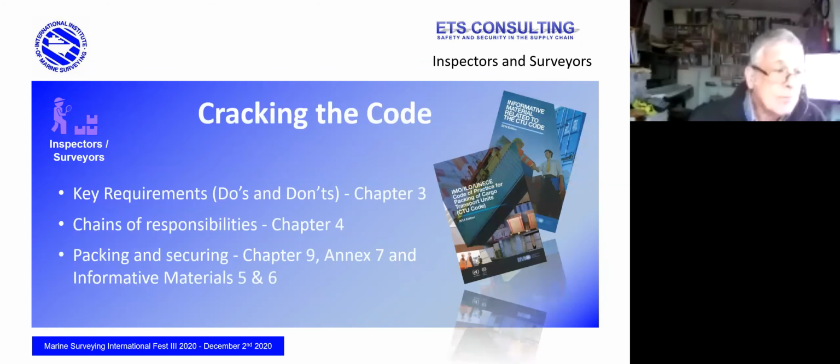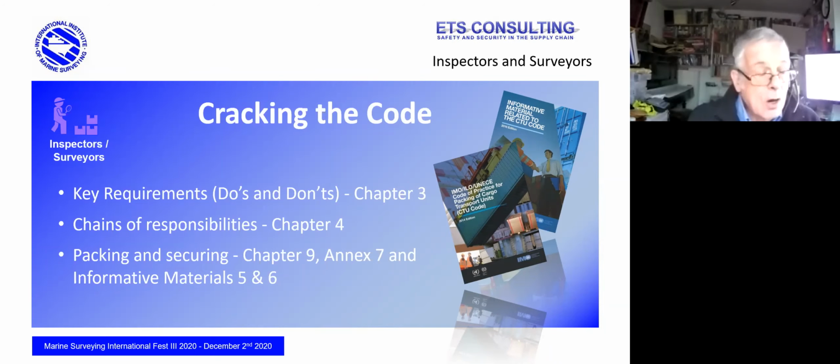So the code has some important key requirements, the do's and the don'ts, which are in chapter 3. The chains of responsibility, as I mentioned earlier on, are very important. And then we've got chapter 9, annex 7, and informative materials 5 and 6, which all relate to packing and securing the cargo.